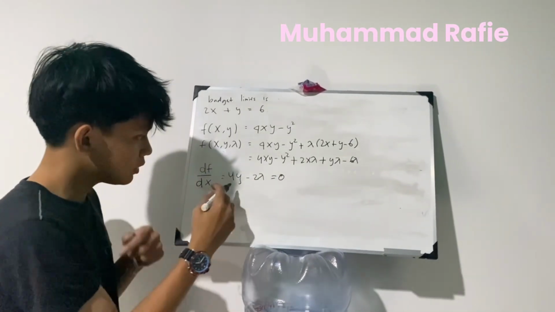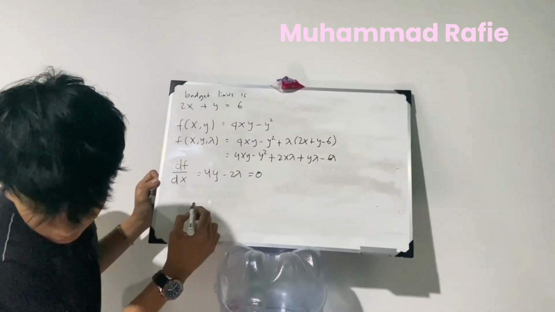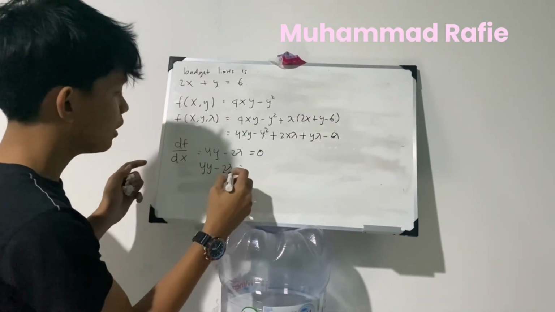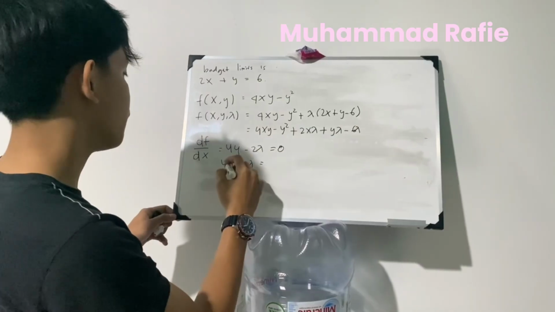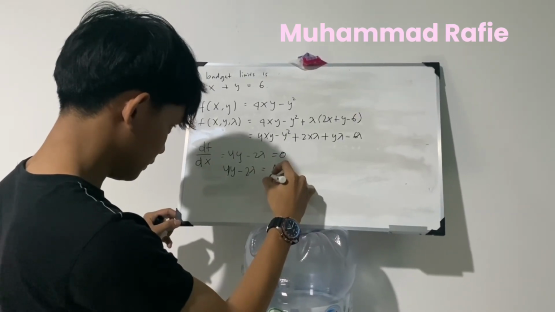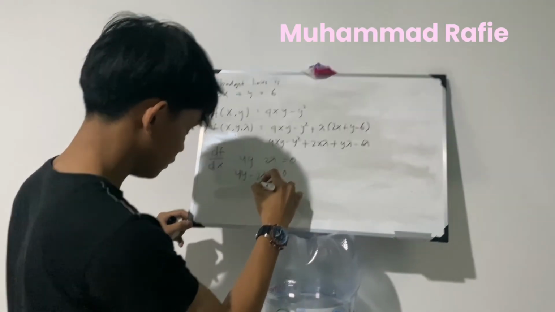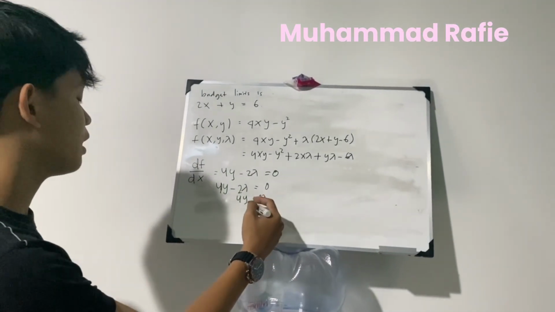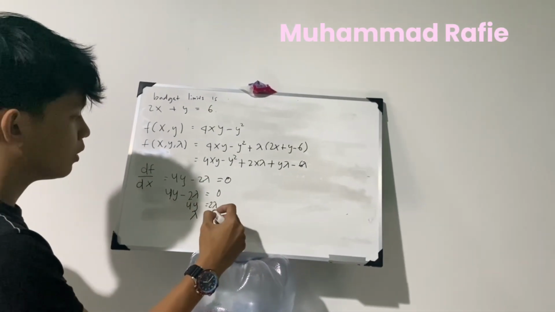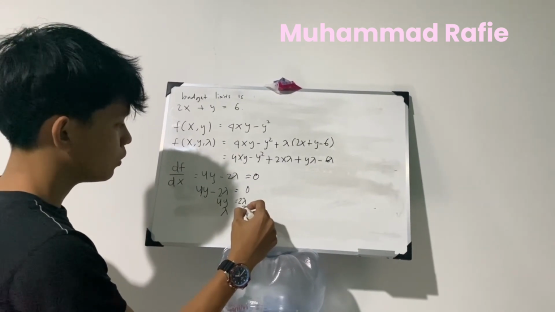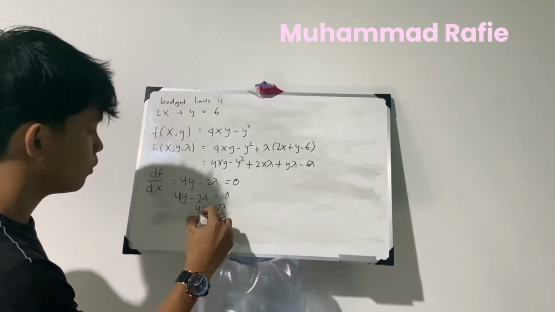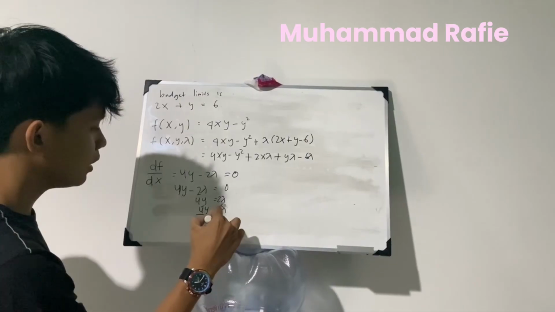We put 2 lambda on the right side and 4y on the left side, so we can find lambda. Lambda equals 4y over 2, so lambda is 2y.